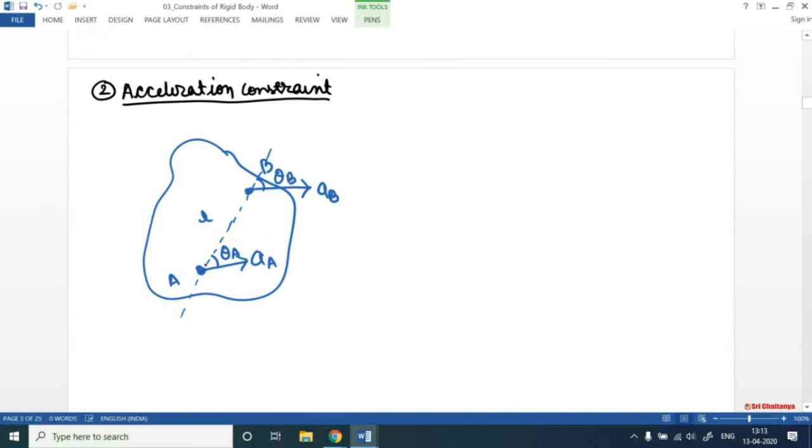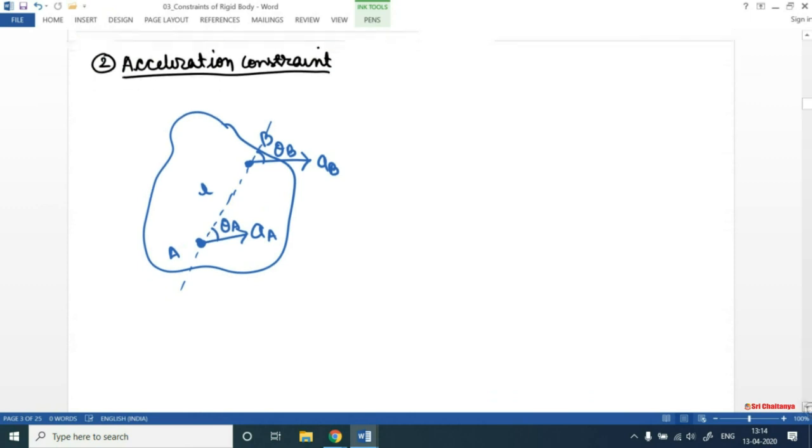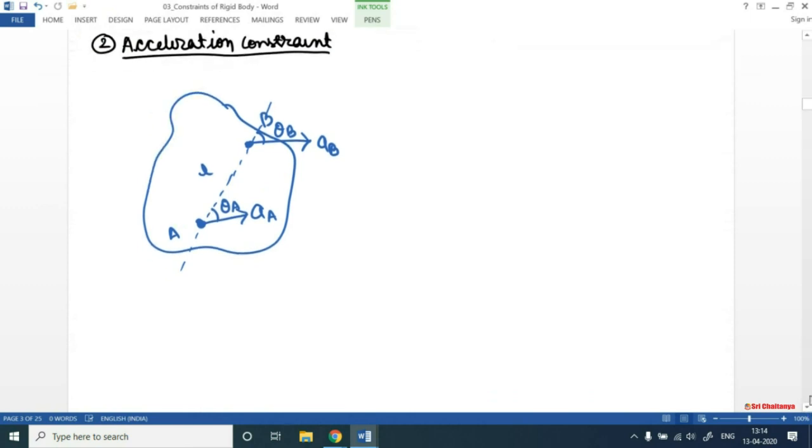So can we write down the acceleration constraint equation? It would not be as simple as that of velocity, because let's try to look at the motion of B with respect to A. In the frame of reference of point A, this diagram will look something like this. Before doing that, let's resolve these components along mutually perpendicular directions.